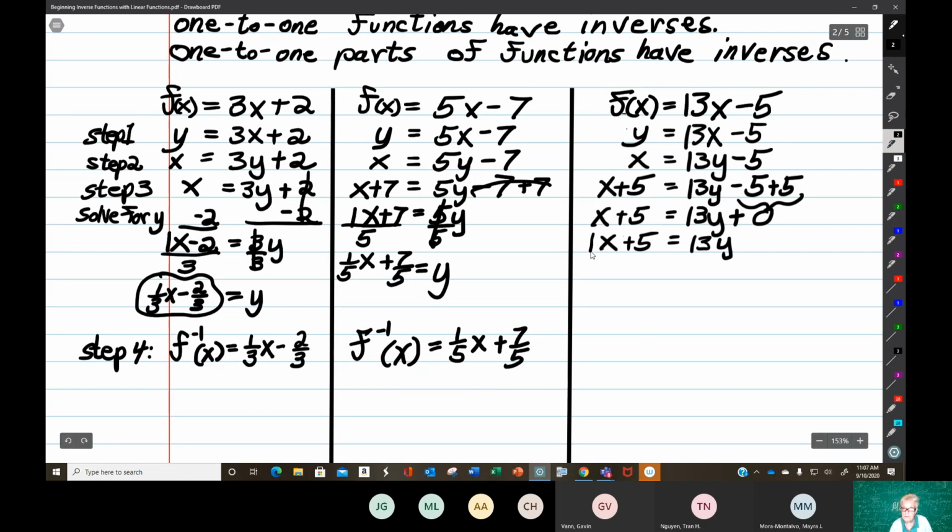Then, if we follow the steps in the book, we divide both sides by 13. Actually, I noticed that the steps can sometimes be a little different. Not the steps, but whether you do this step or not can be different depending on who is doing the video.